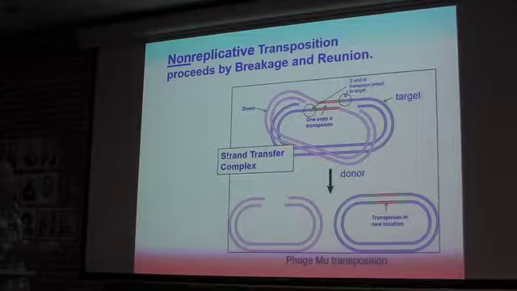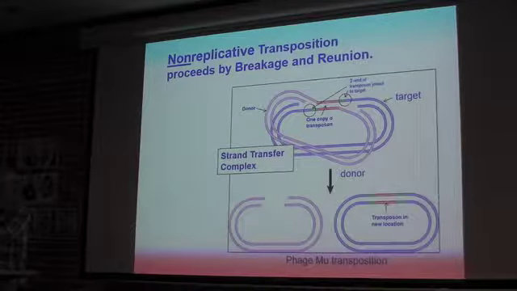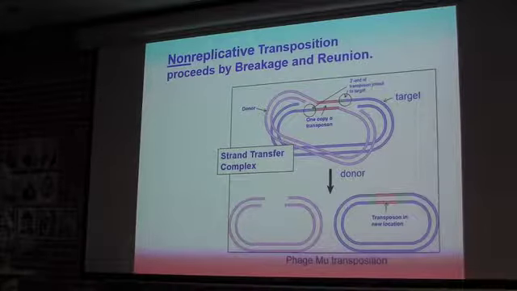A strand transfer complex in this mechanism is a part of the pathway. Remember, strand transfer complex was certainly an intermediate step in replicative transposition. So non-replicative and replicative share an intermediate, at least one of the pathways of non-replicative transposition does.